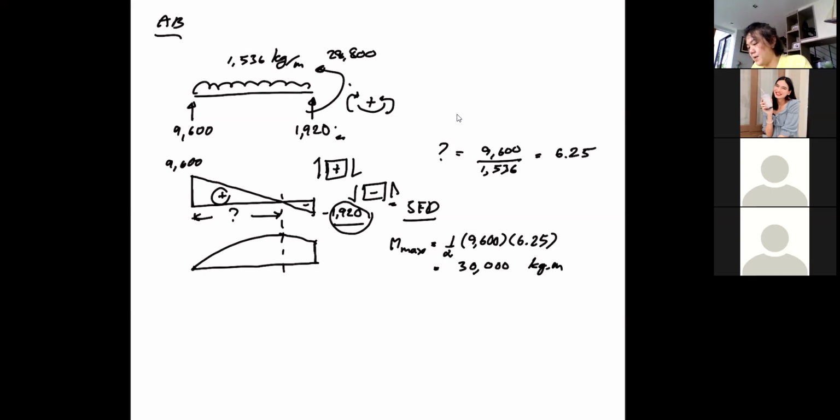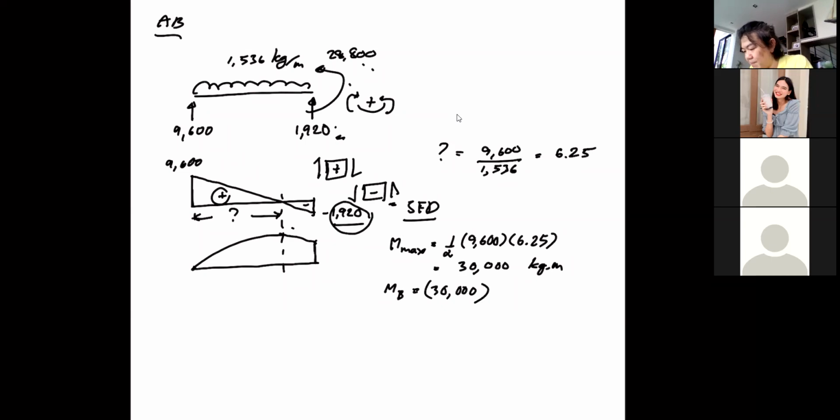Okay, and you can also show that your MB, but you don't have to if you don't want to. This is for your own check, because we've got from our free body diagram that it is equal to that. But if you're curious, you can also try to calculate and see if it comes out to be the same.